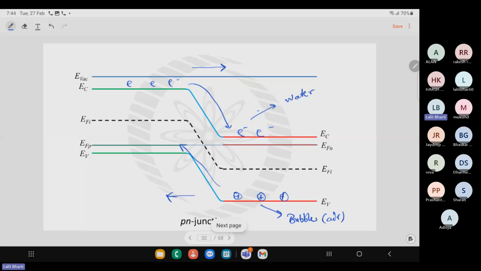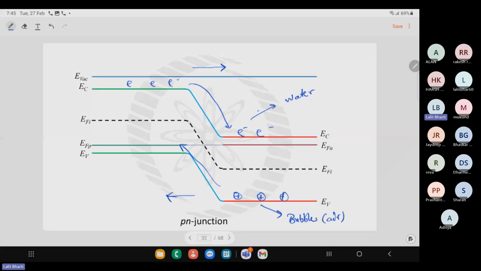So we have a semiconductor. Then we have made some kind of doping. We made P and N type semiconductors. Then we joined them, and by joining them, we get a bending of the junction. At the junction, we then have the flow of electrons.